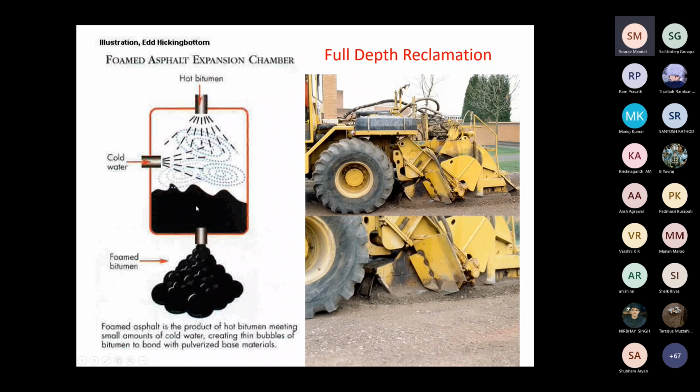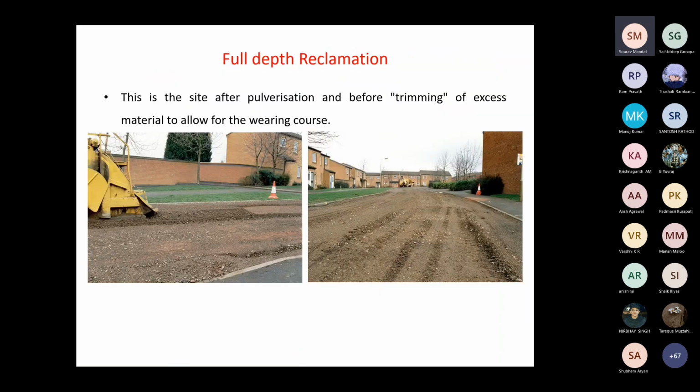These two form foamed bitumen, creating thin bubbles of bitumen. So this is easy for bonding with the pulverized base material. This you are using for full depth reclamation.